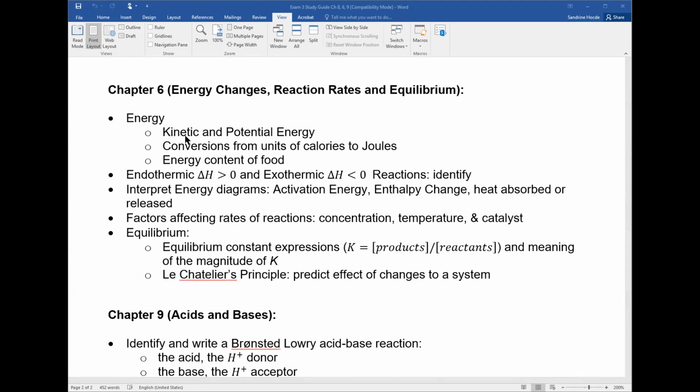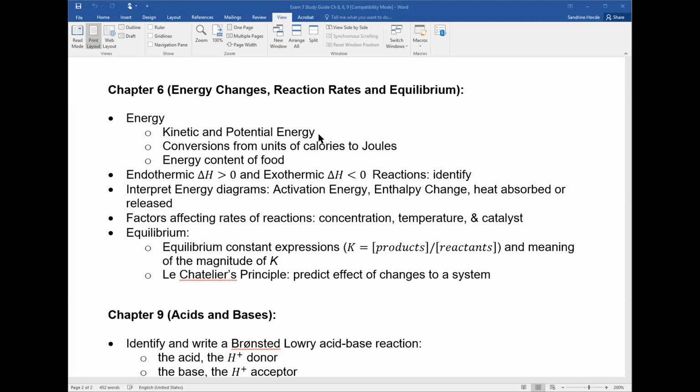So kinetic energy is energy associated with motion. For example, thermal energy is a kinetic energy because this is the energy of motion of the particles, due to having a positive temperature. So kinetic energy is energy due to motion.